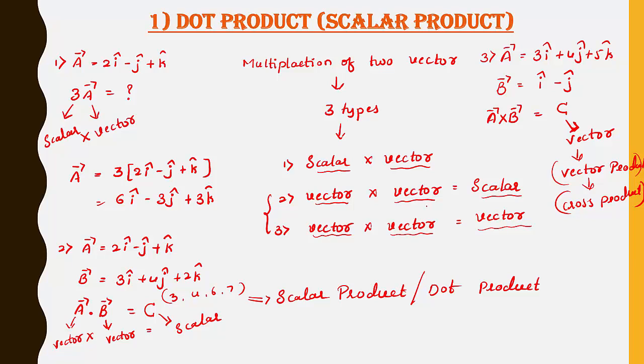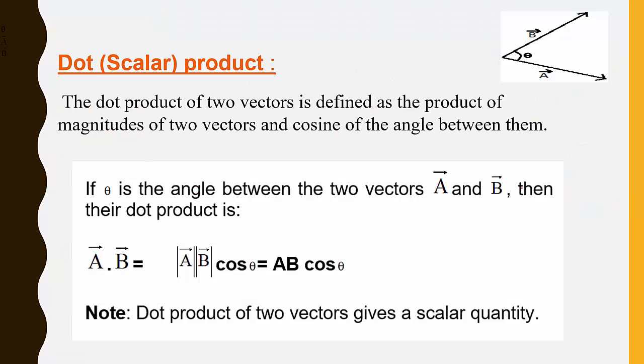Now we can study in detail the second type, that is scalar product, or we can also call it dot product. In today's session, we are going to study in detail scalar product or dot product. First, we can observe the definition.